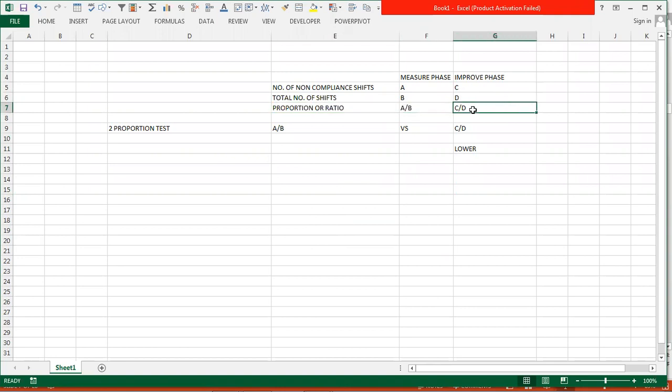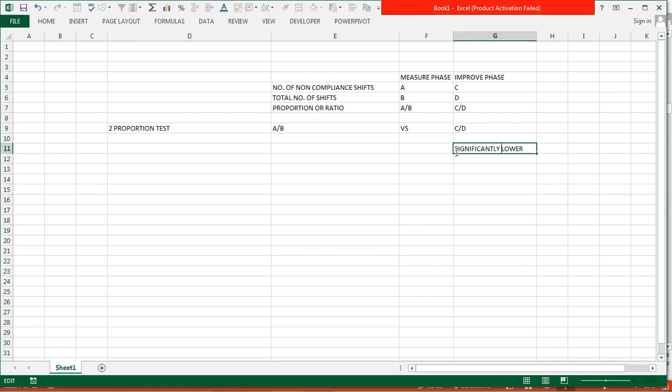So we'll use a two proportion test to compare A by B versus C by D, and we'll check whether C by D, this particular ratio, is significantly lower. So let me type it: significantly lower. This is what we need to testify.